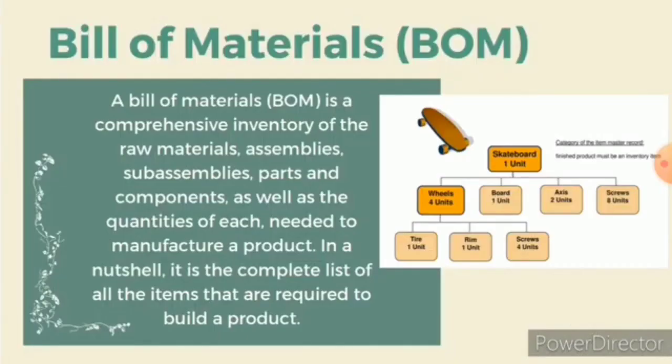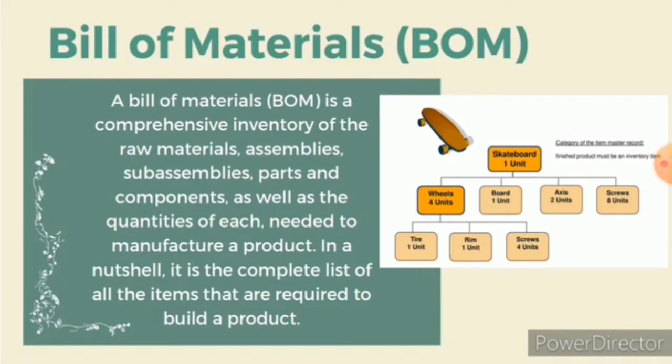And then the second one, we have the bill of materials, or the BOM. A bill of materials is a comprehensive inventory of the raw materials, assemblies, sub-assemblies, parts, and components, as well as the quantities of each needed to manufacture a product. In short, it is the complete list of all the items that are required to build a product. To further discuss about the bill of materials, we have an illustration on the right side, a skateboard.